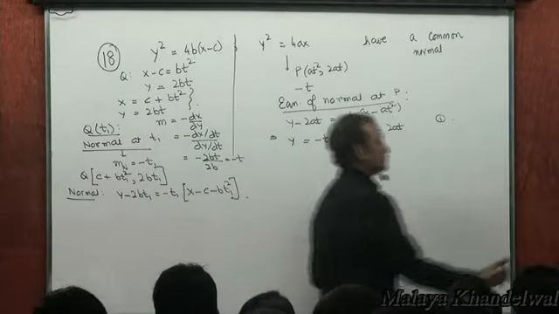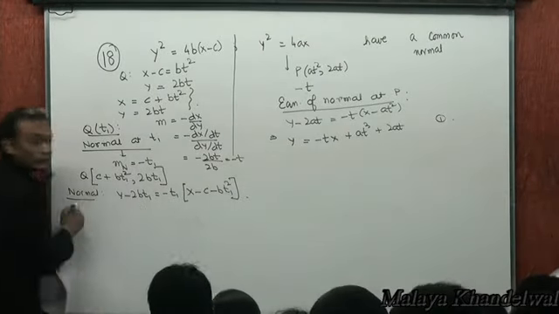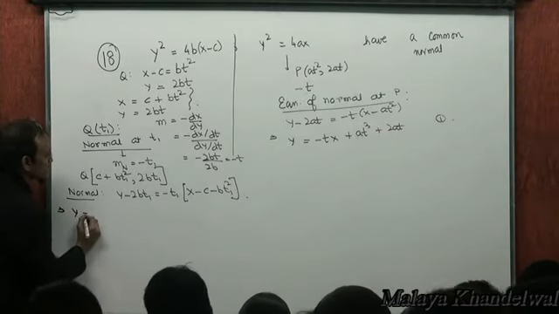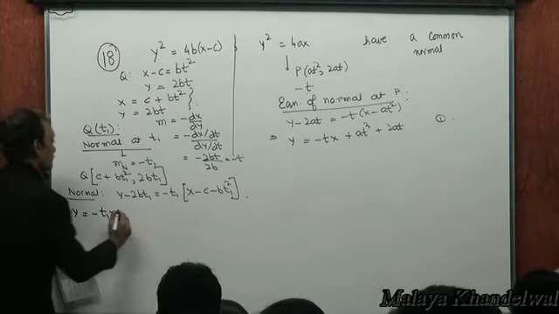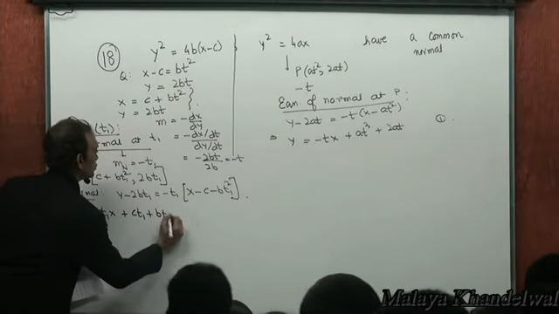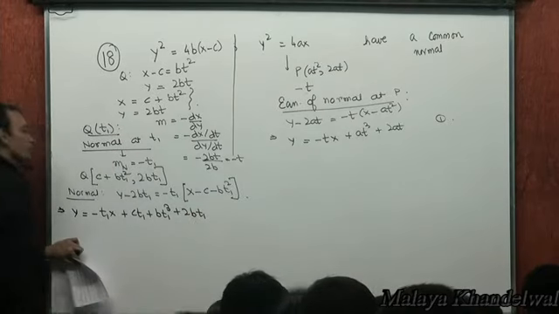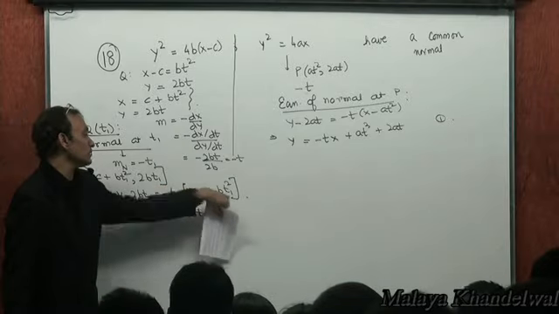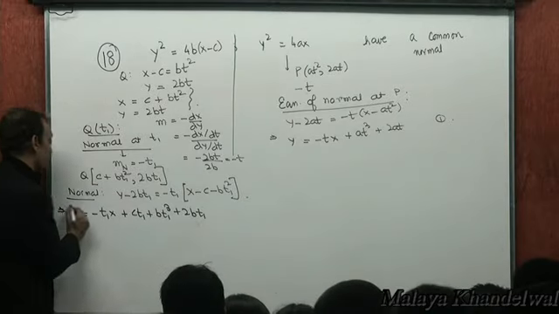Which means y is minus T1x plus CT1 plus BT1 cubed plus 2BT1. That's the equation of the normal at T1.